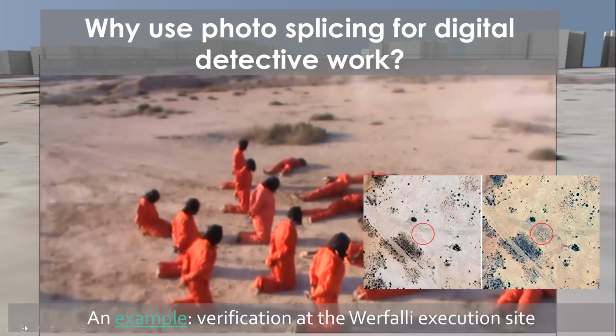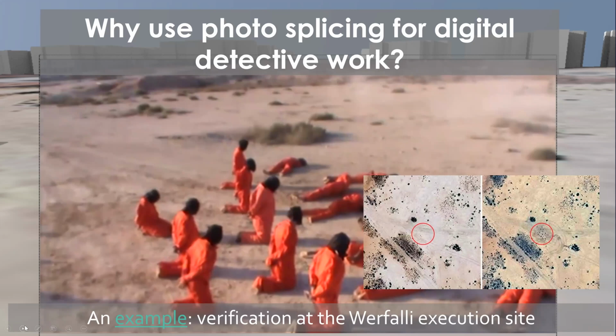In this case, they had an image of an execution, and they were trying to figure out precisely if that execution had occurred, and if it did, when and where. That's where the photo splicing part comes in: we may have an image and we want to reproduce it to understand if an event occurred, and if it did, what time of day it occurred, and the details surrounding the event.